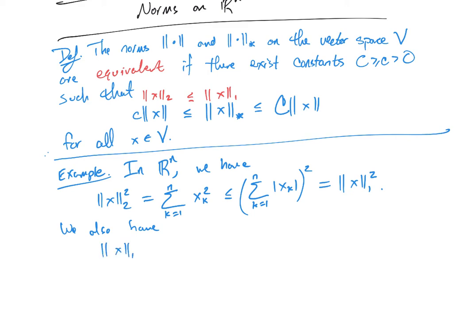Let's look at the 1 norm. Again, that's the sum of the absolute values of the coordinates. Now, how do we get an upper bound on this in terms of the 2 norm? Has anyone seen it and would like to volunteer?